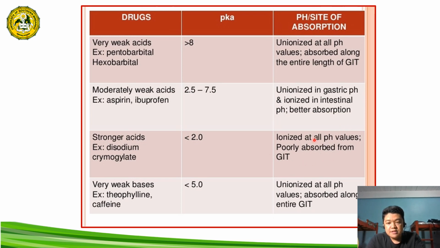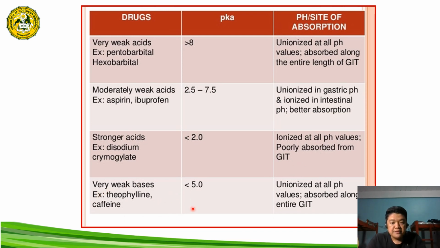Since there is an increase in ionization and we have here a very low pKa value, this particular drug will be ionized, and when that particular drug is ionized, there will be poor absorption in the GIT.